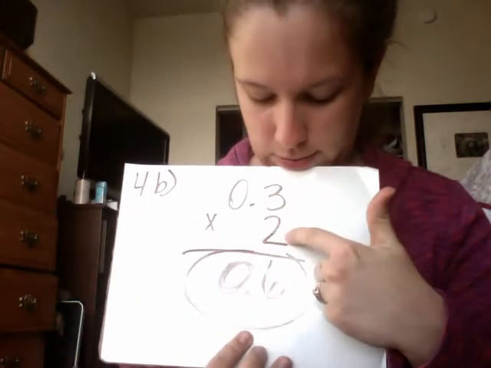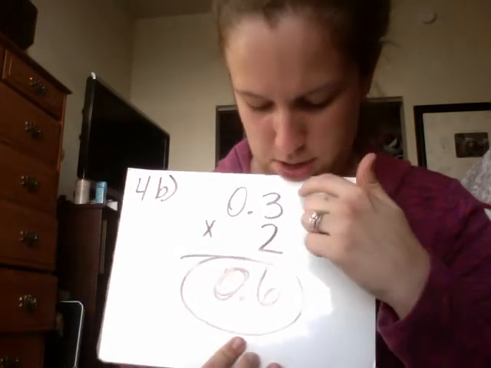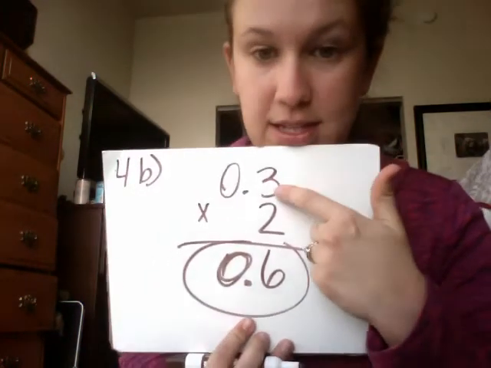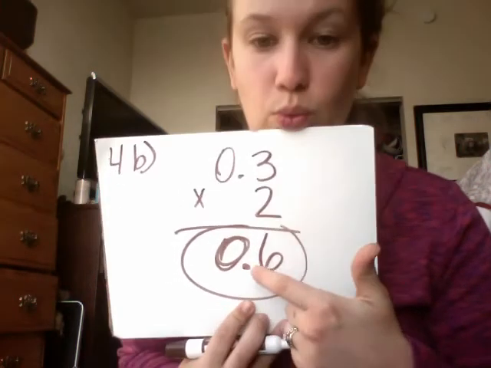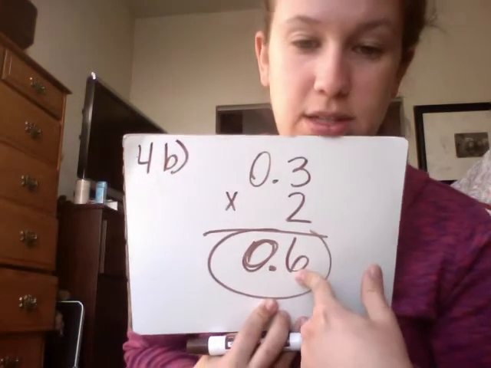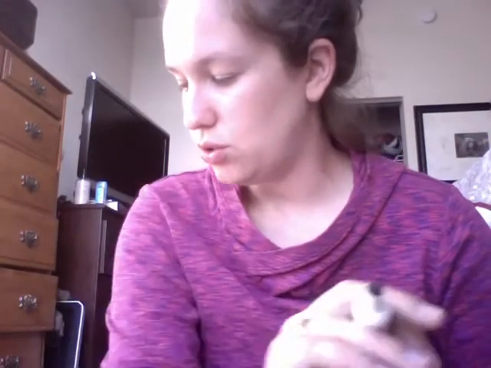And we did 0 times 2, which is 0. There is 1 number behind my decimal place, so I count 1 over. There's 1 number behind my decimal place in my answer. My answer is 0.6.